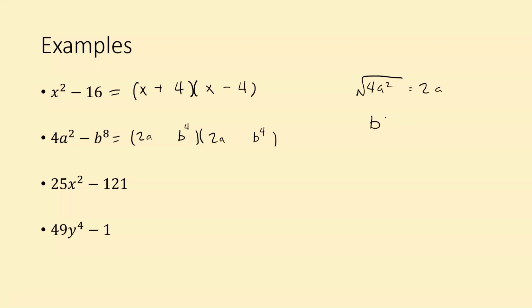Right? If I had b to the 4th power squared, remember when you raise a power to another power, you're multiplying those exponents, so that would give me b to the 8th power. And we would have plus and minus in between. So that is all you have to do for that. That is your answer.